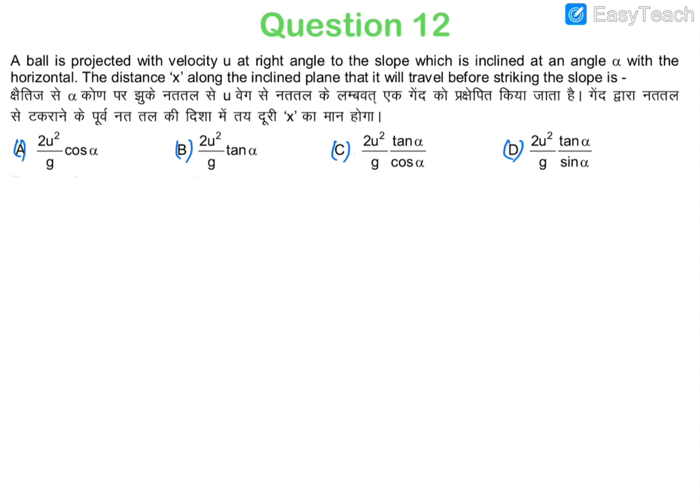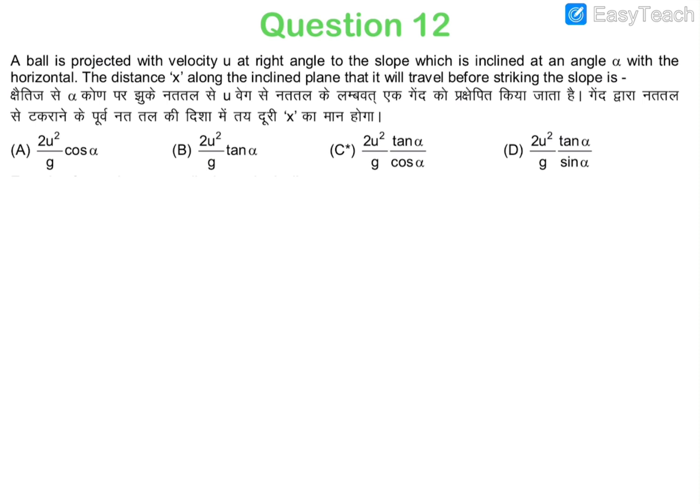In this question, you can see that a ball is projected with a velocity u at right angle to the slope, which is inclined at an angle of alpha with the horizontal, and we need the distance x along the inclined plane that the ball will travel before striking the slope.